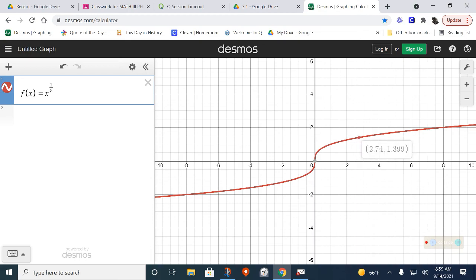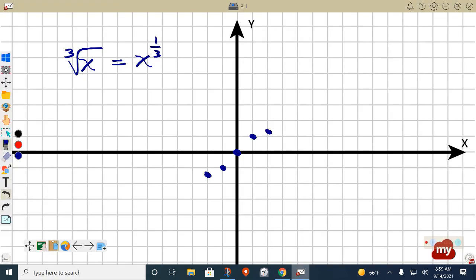So look at the domain. It goes forever. Comes right here. We're just hanging out right here because we only plotted like 4 points. So let's go ahead and finish that swirl. Comes like this. Comes up. Put arrows on both ends. This is called a cube root function.